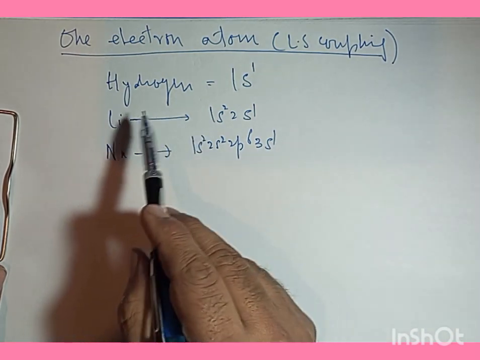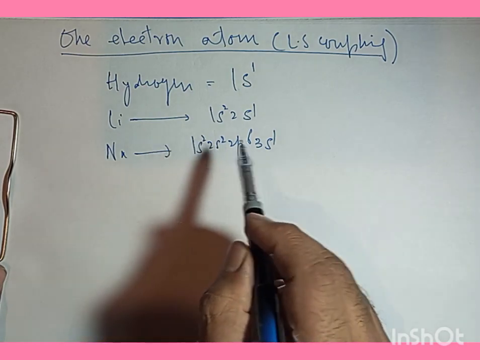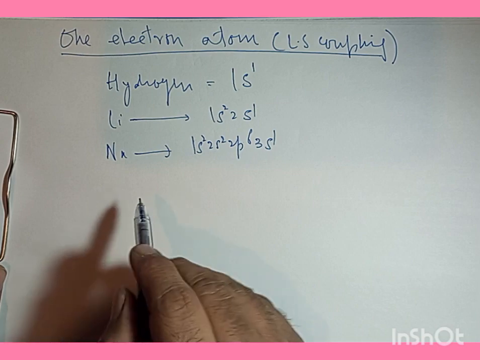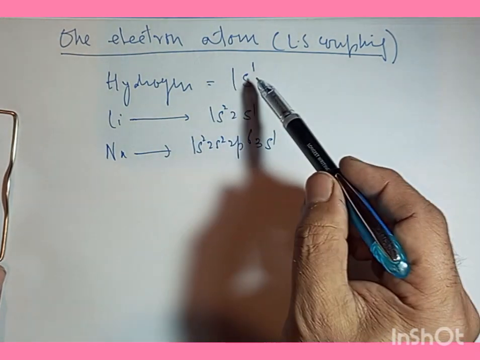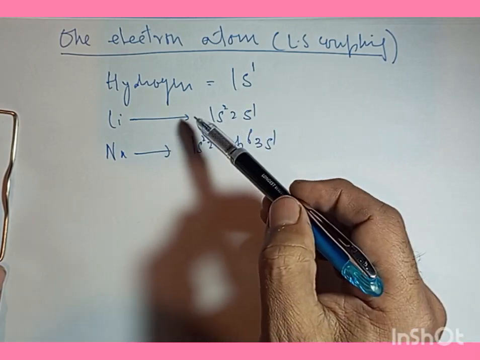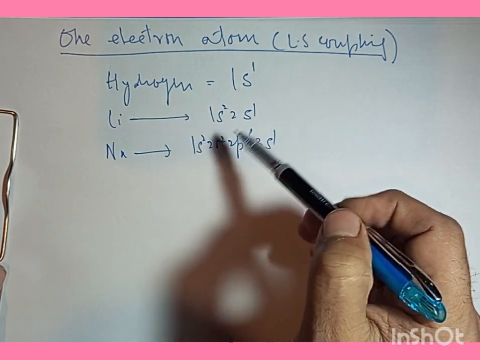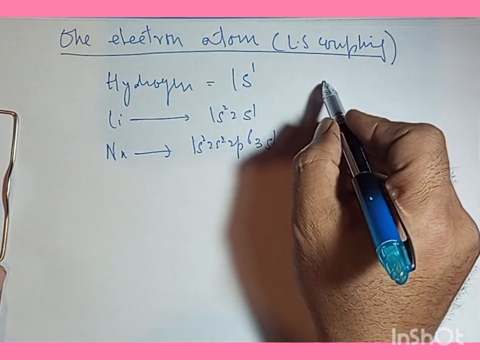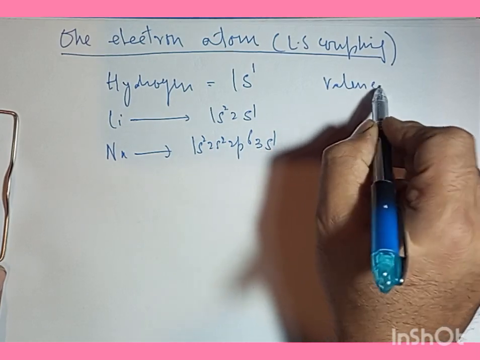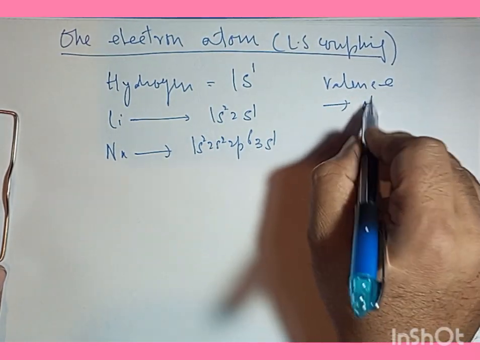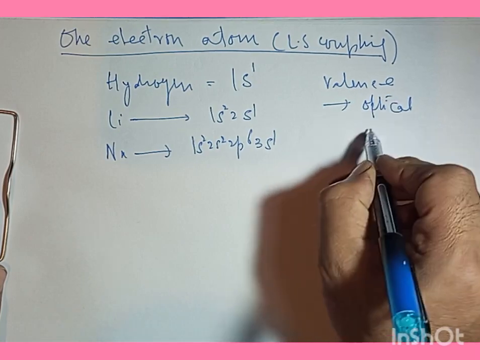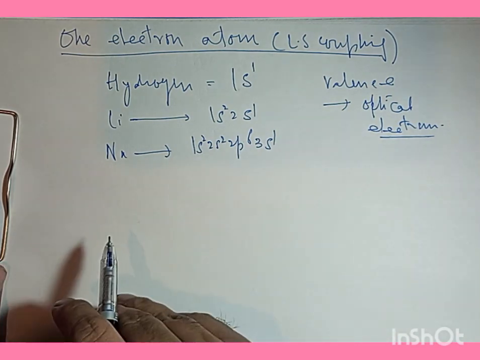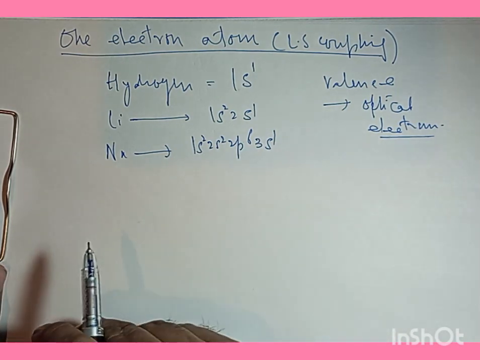So these kinds of atoms, we call them one electron atoms, and the valency of each of these atoms is equal to 1. The electron that's in the valence shell is also called the optical electron, and it's this electron which interacts with light.